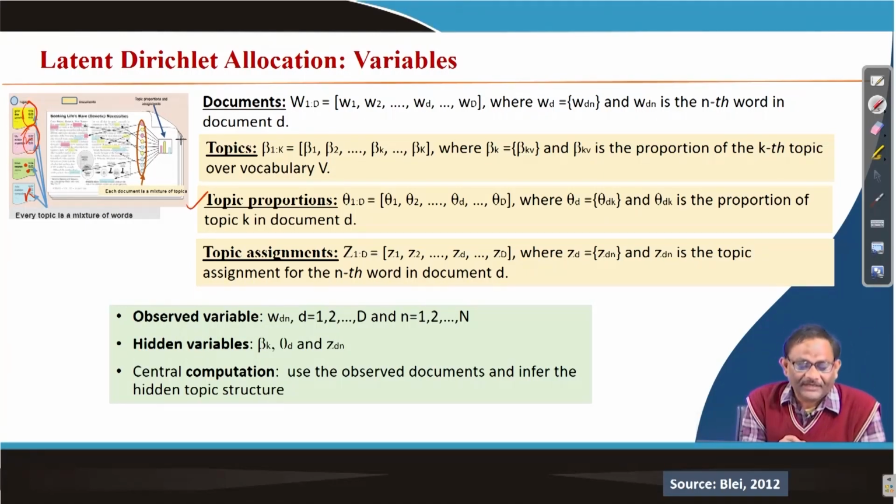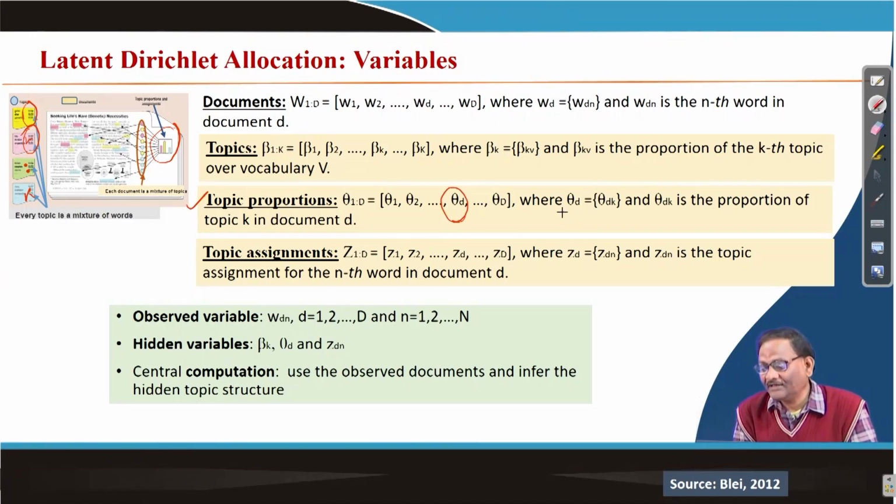For example, in this particular figure, if it is the dth document, then the topic proportion is theta d. Theta d is made of theta dk, that means for the kth topic, what is the proportion of the kth topic in document D. I hope that you are able to understand it.